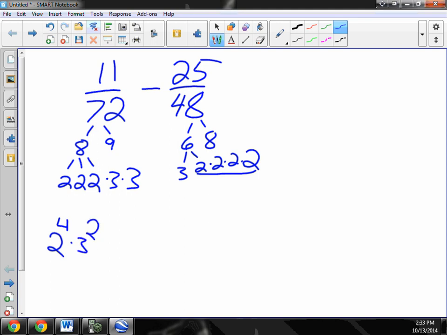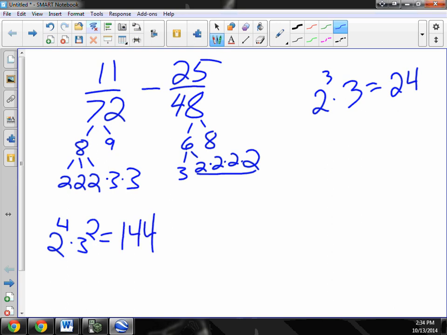Now, what if I looked at it the other way? What if I picked the least multiplicity? So the least multiplicity would be 2 to the third times 3, which happens to be 8 times 3 is 24, whereas 2 to the fourth is 16, 16 times 9, 144.